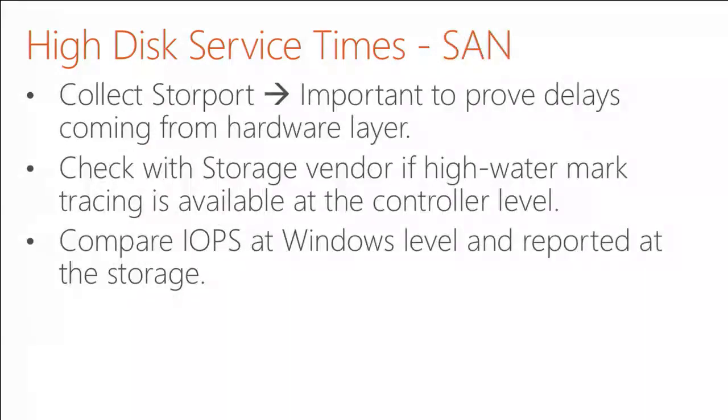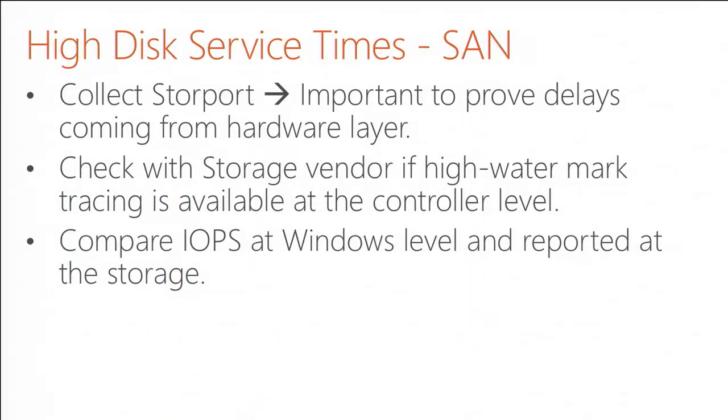If it is a SAN, collect storport. You don't troubleshoot latency on a SAN without storport. I have a latency, it's a SAN, go collect the storport, and then you see what's going on. Don't waste your time. You can check the event viewer and see if there are 153s there, which will help.